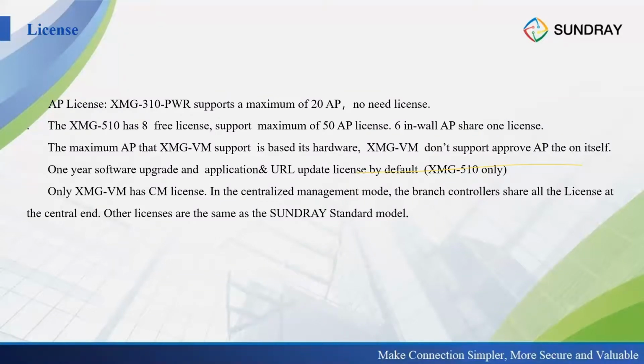XMG 510, this one only has 10 free licenses, and the maximum is 15 AP licenses. But here you need to pay attention: 6 indoor APs share one license. That means this controller can manage 600 indoor APs. That is very important: these controllers can manage 600 APs but only need 15 licenses. Why do we do this?